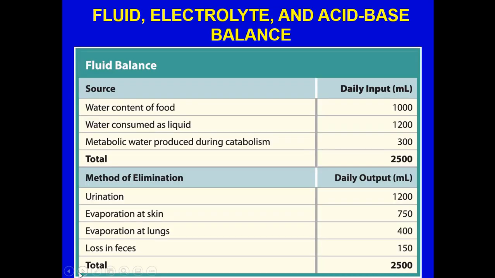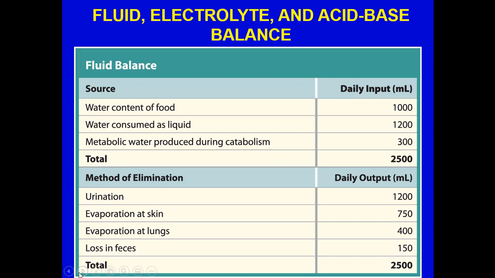Now, if you take a look at the fluid balance here, to save you from losing sleep, you do not have to completely memorize all the numbers. Get a general idea about what the input and the output are. For example, you have your input of water content of food, water consumed as a liquid, and metabolic water produced during catabolism.